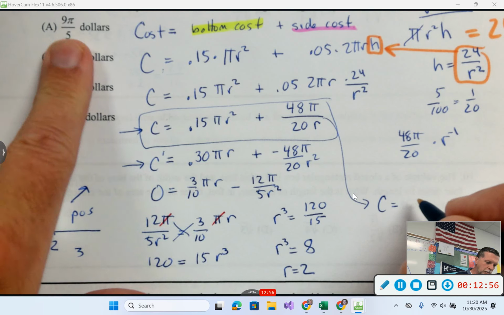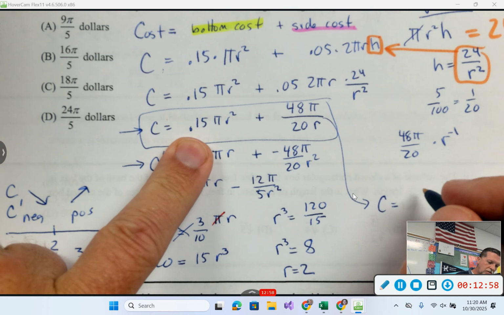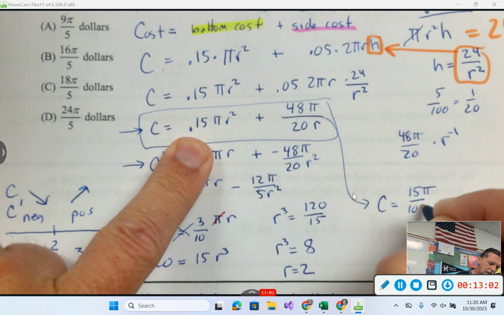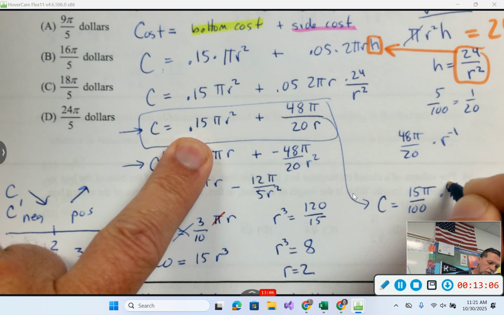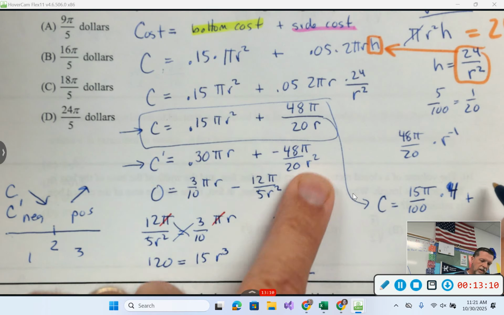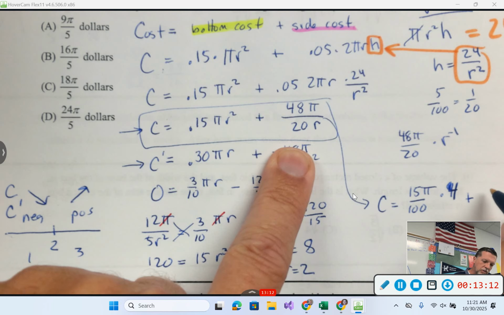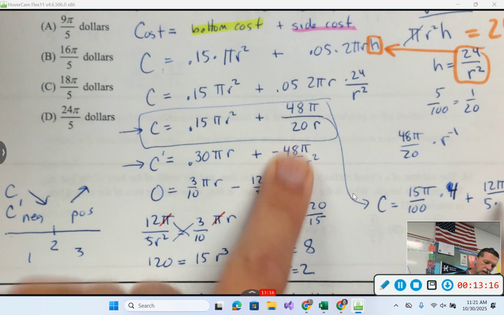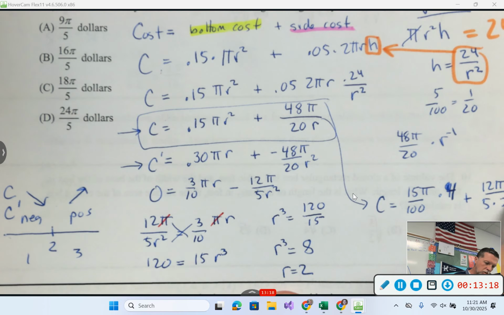And I got to end up with a fraction. So, 15 over 100 times 4, because r is 2, plus 48 over 20 was 12 over 5 times 2.